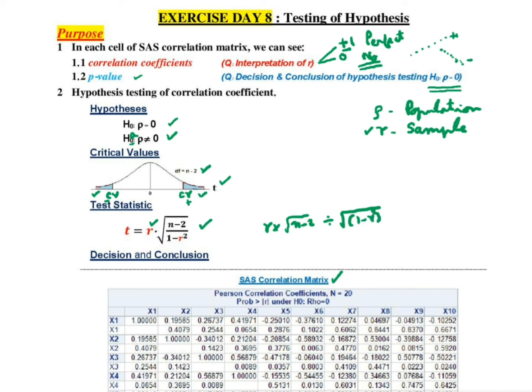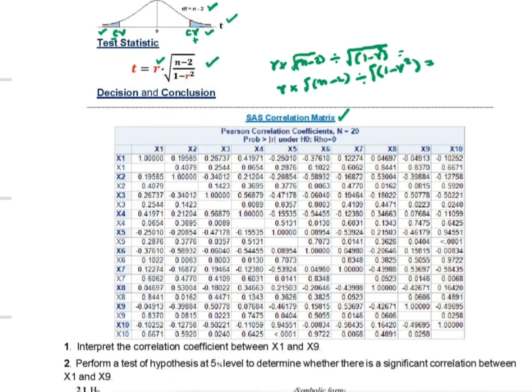In the calculator, it will look like this: R root m minus 2. You can enter number in place of m minus 2 and root sign, then open bracket 1 minus R square, equal to. So after that, if the test statistic is in the rejection region, reject H0. That's it.